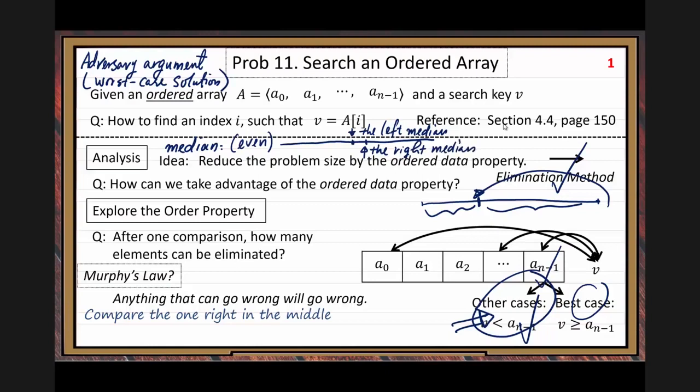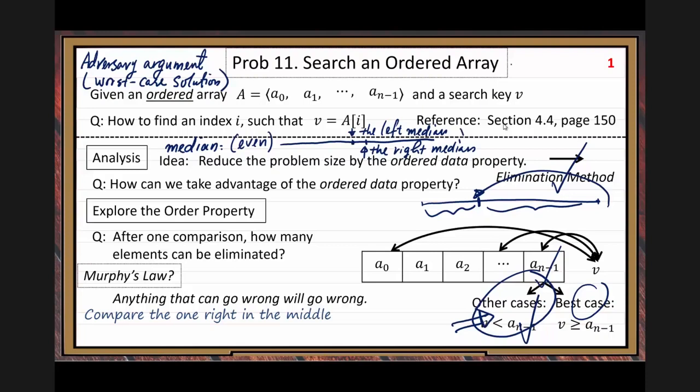Then, what is the final median? Here we don't want any ambiguity. We want to have a clear answer for the median, only one element.